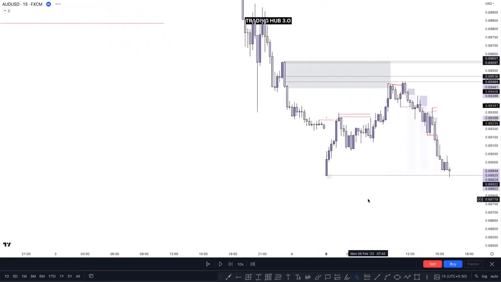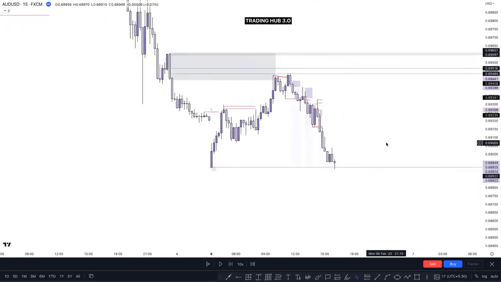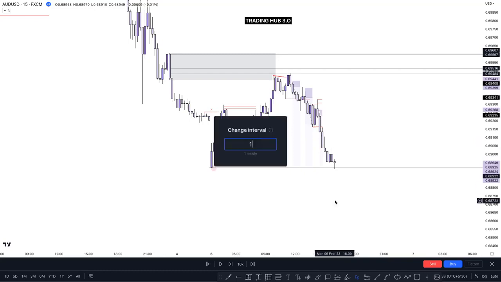Because the previous low was taken out, once market takes out the previous low, you can simply buy or sell here. Right, how can you deal here? You can simply deal here like previous low taken out, and you have to wait for lower time frame confirmation, and then you can enter here. Okay, so let's see in a 1 minute time frame.